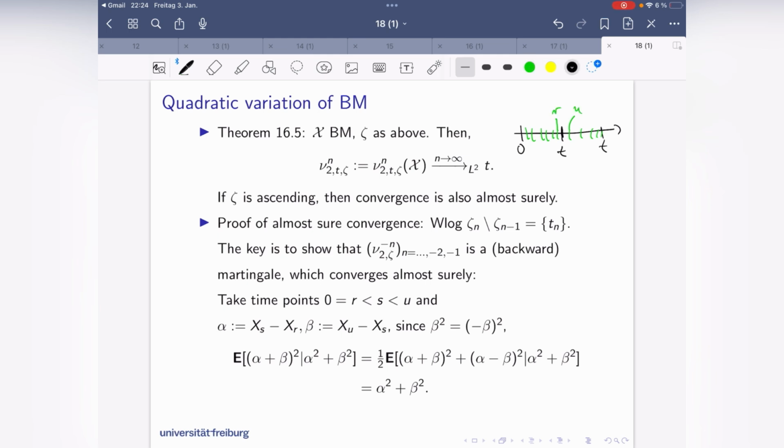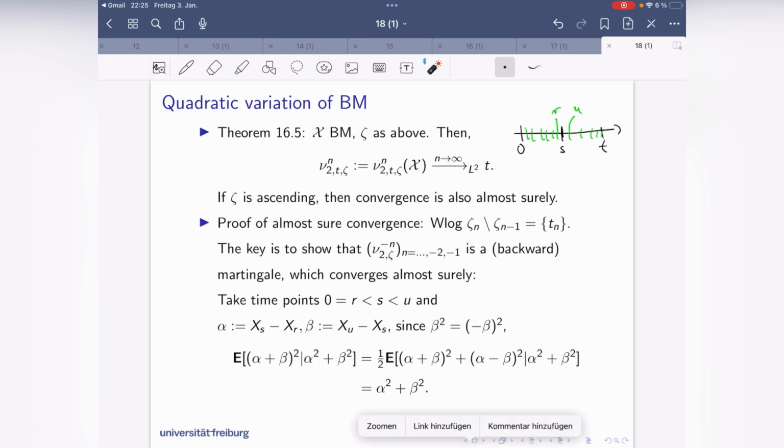And what I have here is not my t because t is already occupied, but I call this s here. Okay. And for the backward martingale, I'm considering, well, alpha is the increment between s and r, and beta is the increment from s to u. And I have alpha plus beta, which is the increment from r to u. That's what I have in the n minus 1 step.